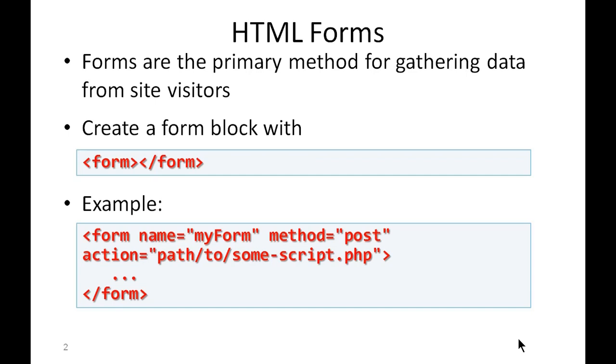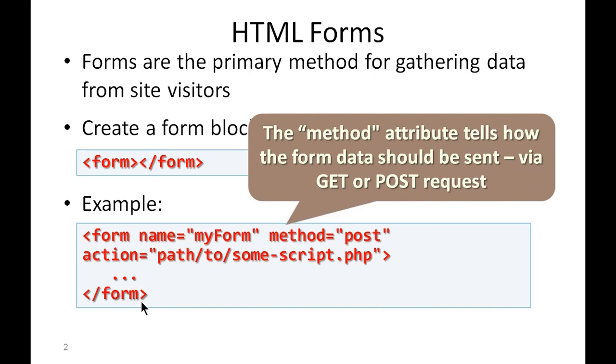These are nothing but folder names, and it is written in general English language so that you can understand what will be here. Here will be the folder names. Now you can see path to some script dot php, then dot dot dot and below form slash form closed. Okay, so in this way a form is being created.